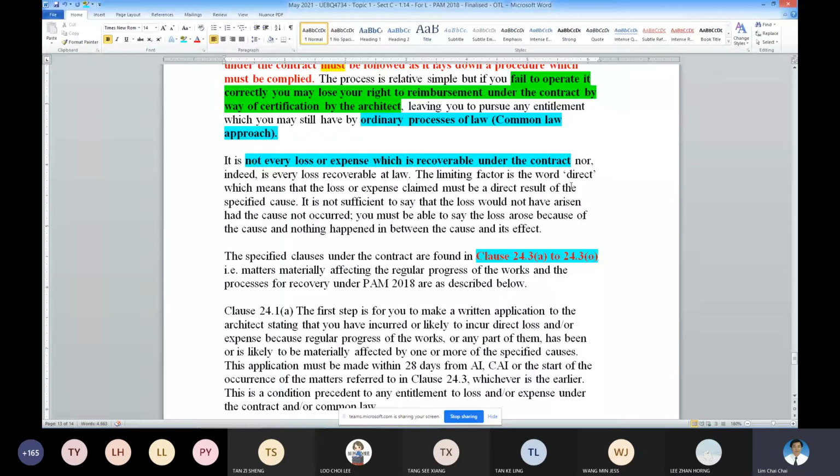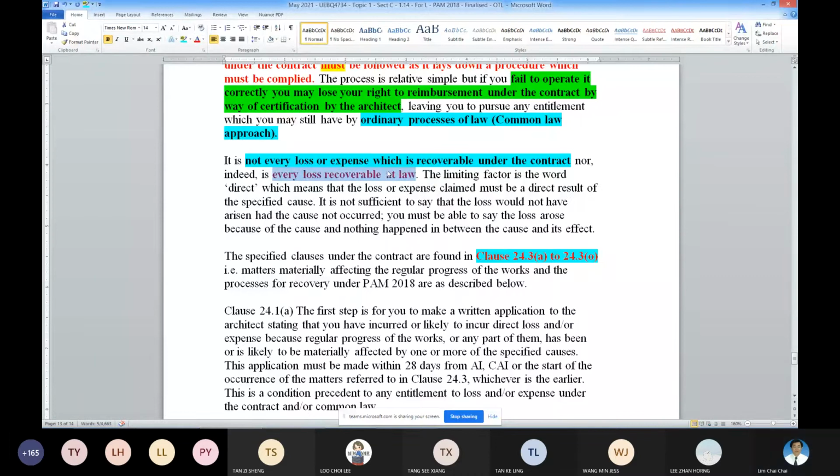Not every item is recoverable under the common law. So you need to consult the lawyer whether this item, due to the breach of contract by the employer, can be claimed under the common law. If you fail to achieve your rights under the contract, there is a possibility to claim under the common law.